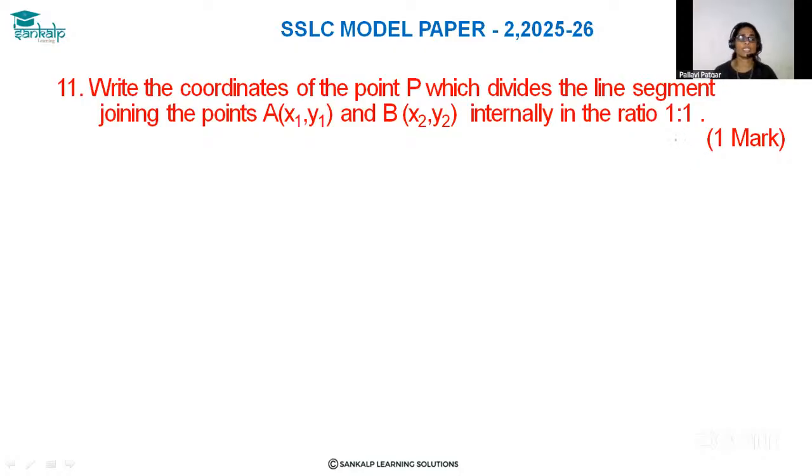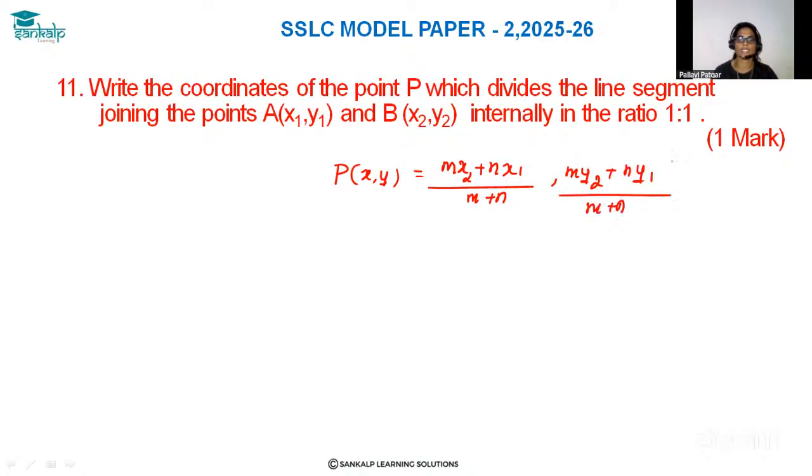Okay, so here the section formula for a point P(x, y) that divides the line segment joining A (x1, y1) and B (x2, y2) internally in the ratio m:n is given by P(x, y) equal to (mx2 plus nx1) divided by (m plus n), comma (my2 plus ny1) divided by (m plus n).